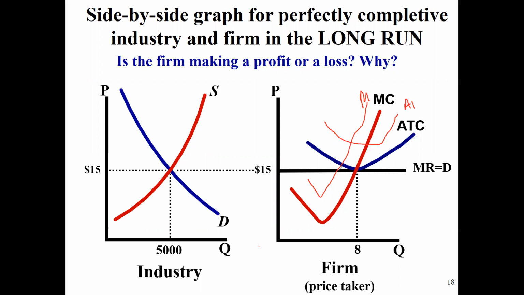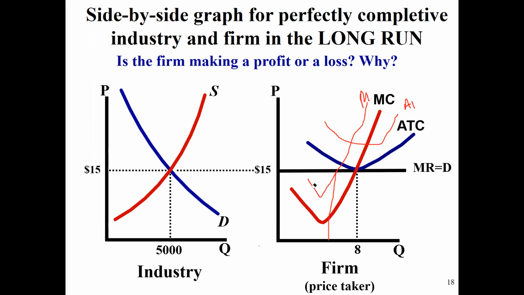You'd have a different MC equals MR, a different quantity. Price would stay the same because you're a price taker, but you would be losing money in the short run. Of course, then firms would exit, supply would shift left to get you to the long run.